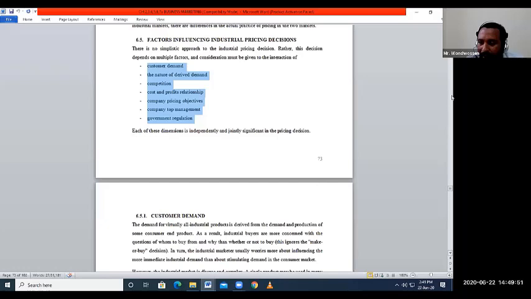Tell me the demand for industrial products. The need for luxury or sometimes the need for necessity, industrial or the end users demand. The demand for tire, the demand for automobile and so on.